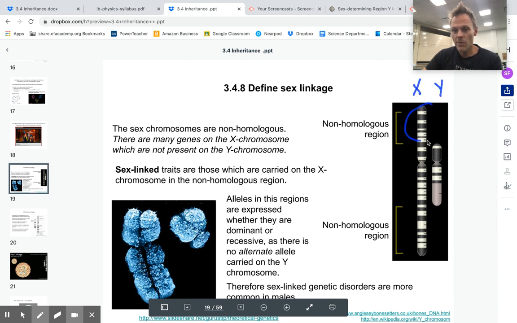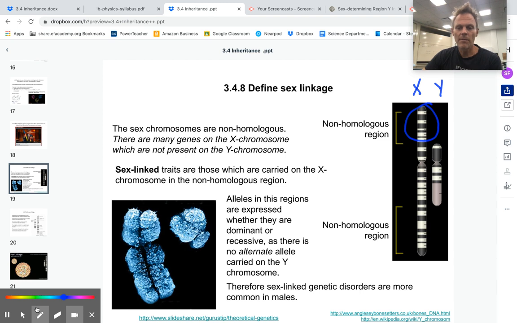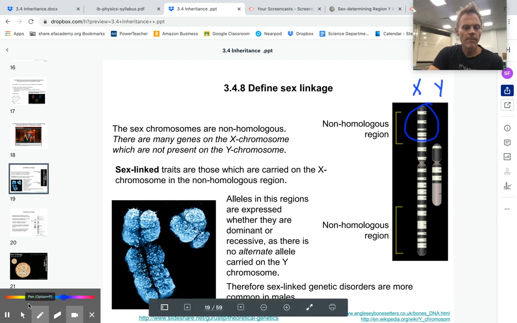There's this whole region up here called the non-homologous region. My pen just froze. Sorry. So there's a non-homologous region up here, and there's also a non-homologous region down here too, right?